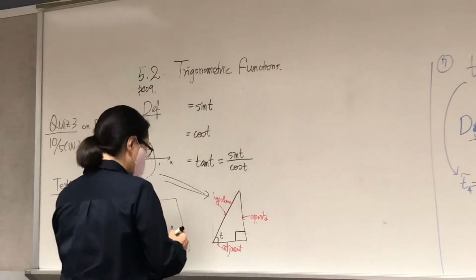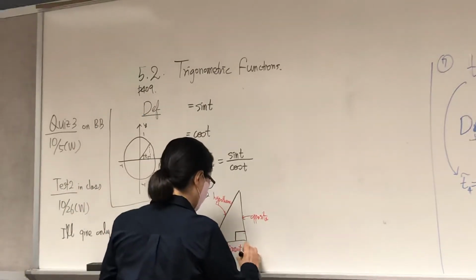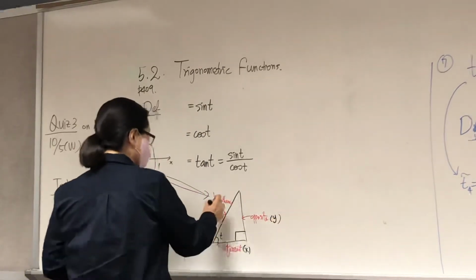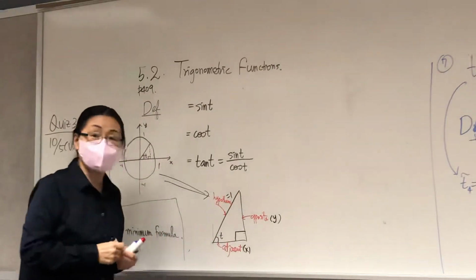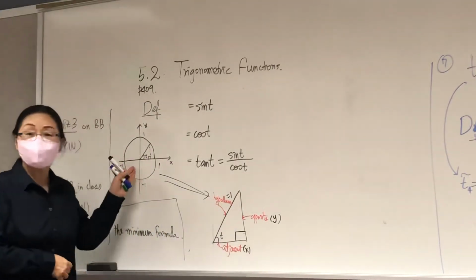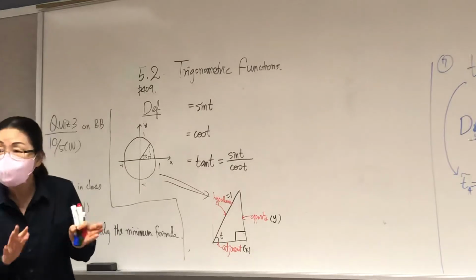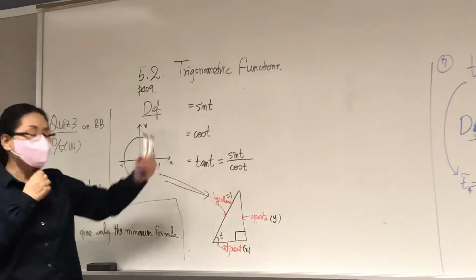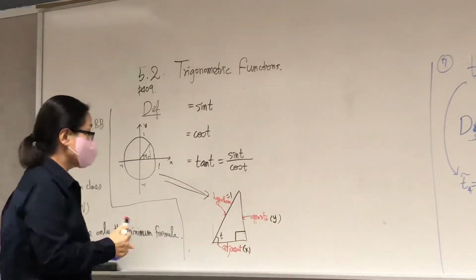Now, let's say this is x. Let's say this is y. This part is always 1 in our case, because we are on the unit circle, am I right? Now, what does sine t mean? See what I'm doing?